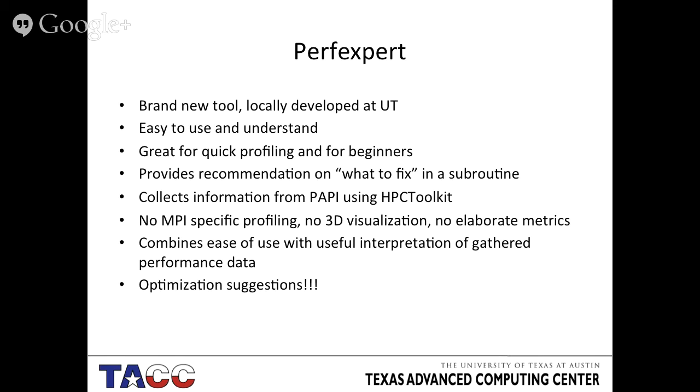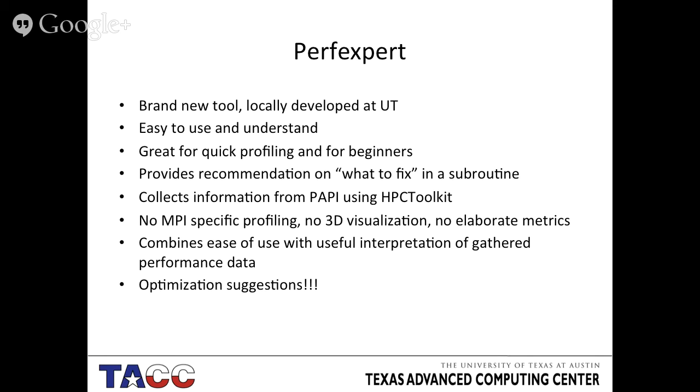It will tell you the critical path that you have in your code, meaning the sequence of instructions that is taking most of the time in your code. And the great thing is that it offers optimization suggestions.